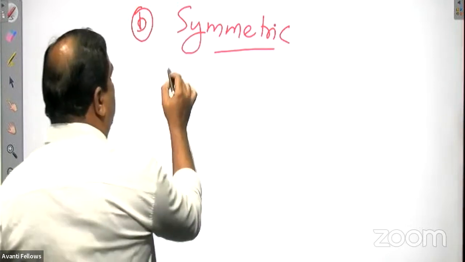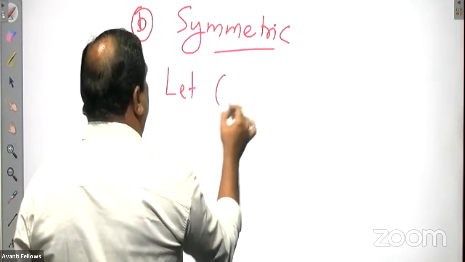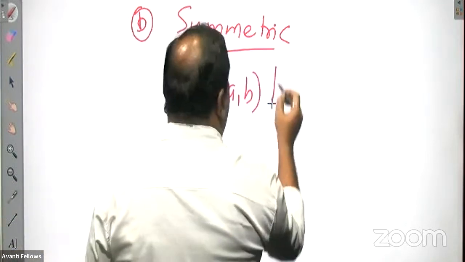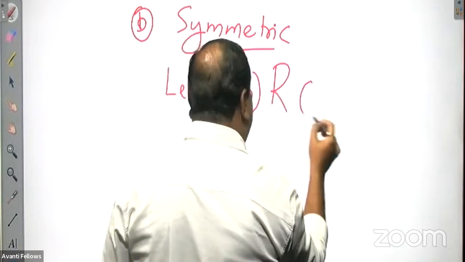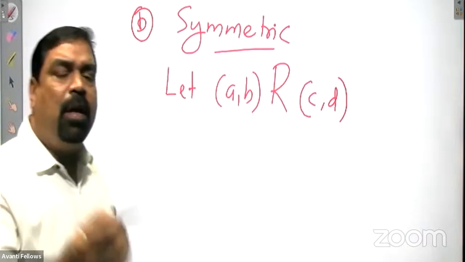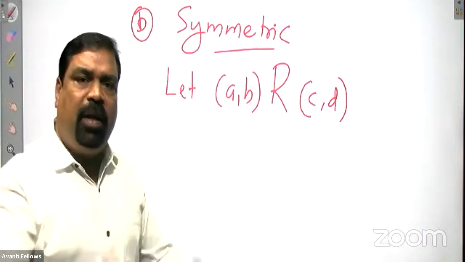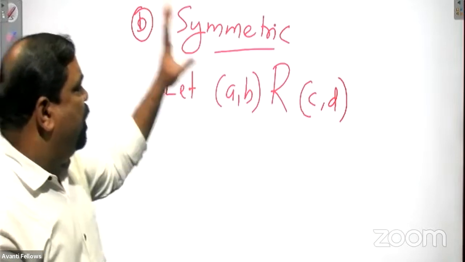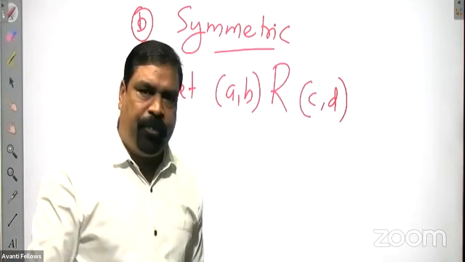So we have to start like this. Let the first element AB be related to another element, CD. All the elements are ordered pairs, A, B, C, D, X, Y, E, F, like that we can take. So suppose AB is related to CD.